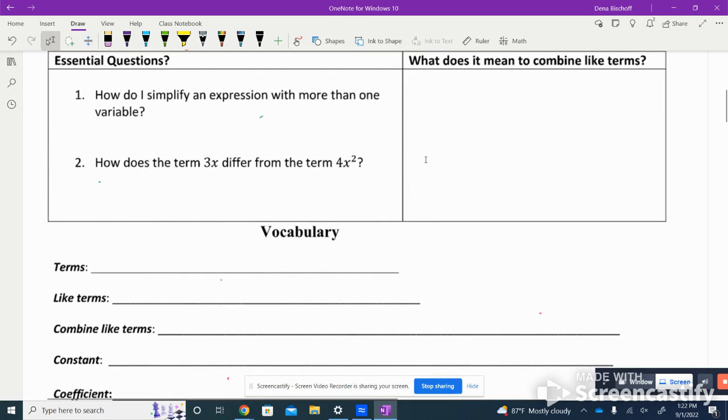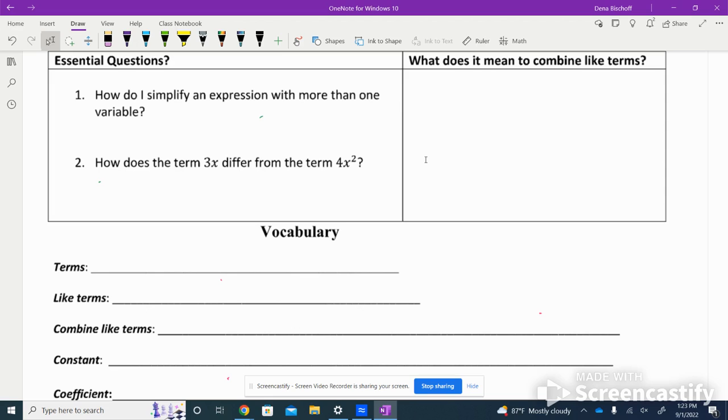So if I have an expression that has more than one variable, I'm going to give you an example. If I have an expression and it has more than one variable, so 3x minus 2y plus 6x minus 4.